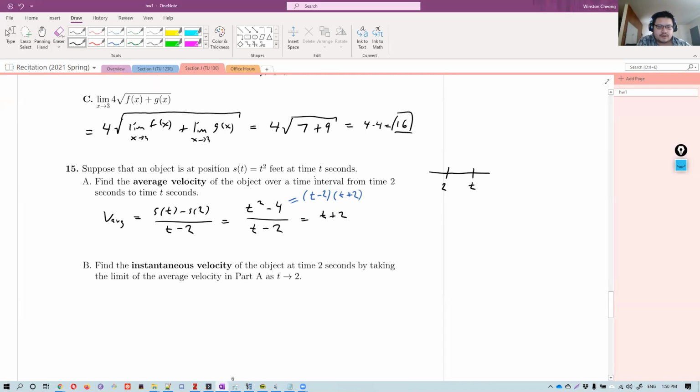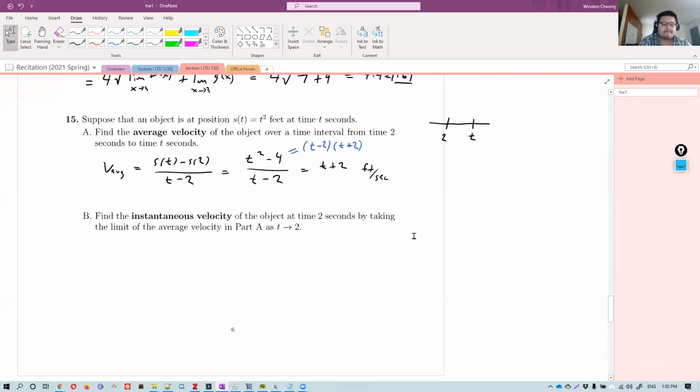Okay. And I want to put units down because units are given. So feet per second. All right. So this is the expression for the average velocity of this object. And now we want to find the instantaneous velocity. The connection between the two things is that the instantaneous velocity is what happens when you let the two endpoints approach one another in some way.